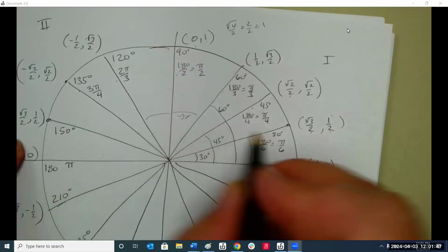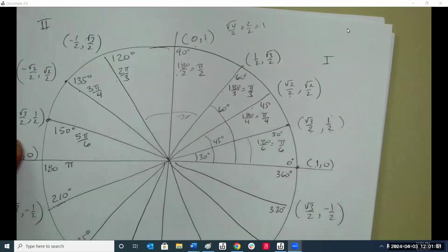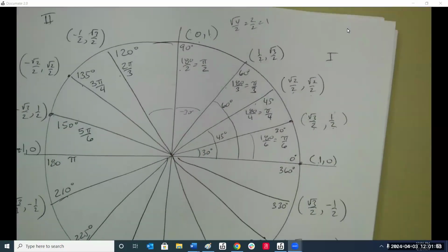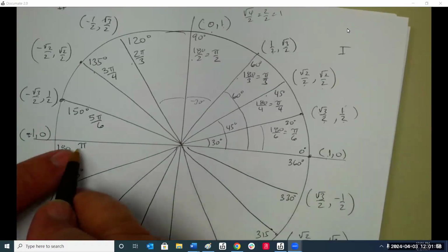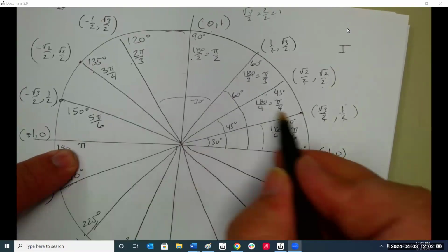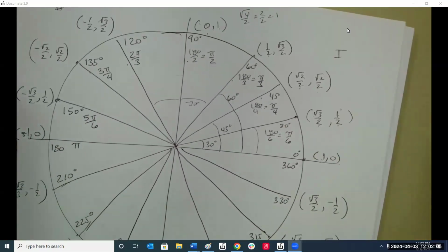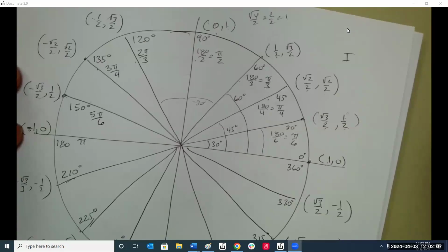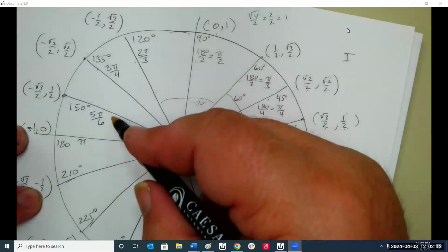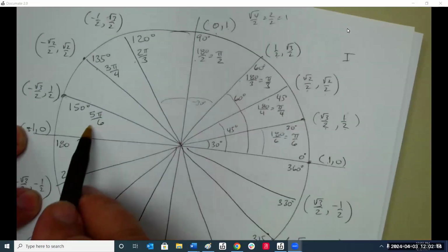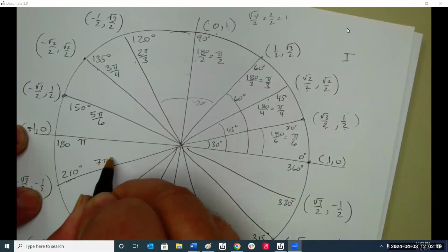And since I'm going backwards, it's 5 pi over 6, because I have pi and I subtract 30 degrees, which is pi over 6. (210 degrees), 5 pi over 6, 6 pi over 6. This is 7 pi over 6.